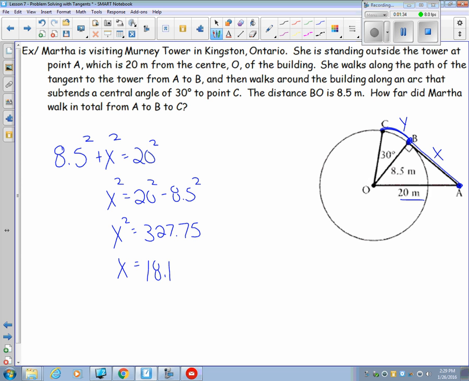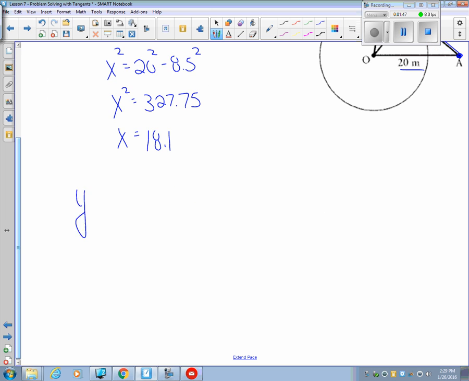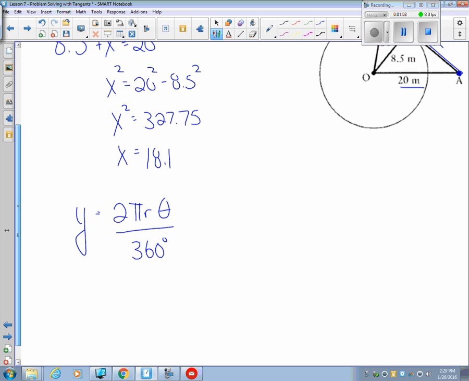To figure out letter Y, that's an arc. Now we haven't done arc in a couple of days, but just to remind ourselves, if I want to find an arc length, I have a formula for it. Our formula for arc is Y equals 2 pi r, the circumference, times the portion of our circle, our sector angle, out of 360.